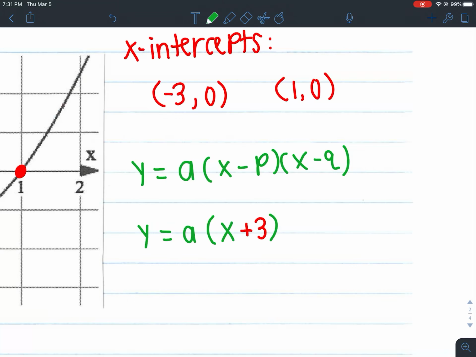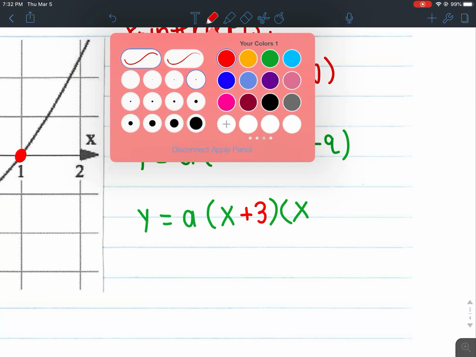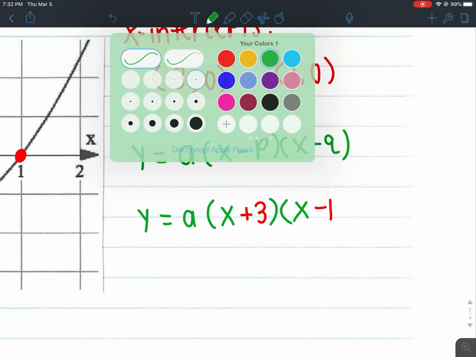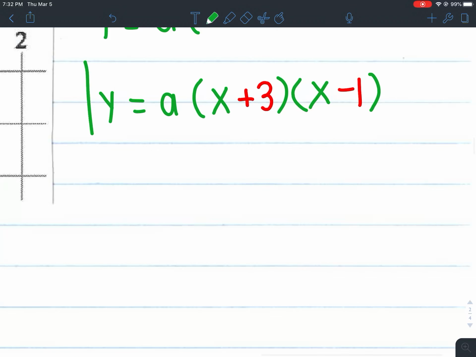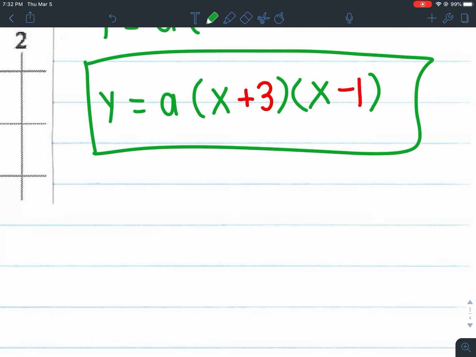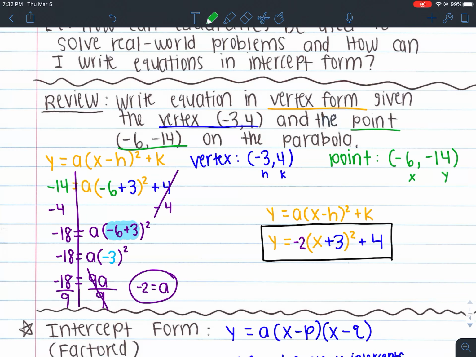Now, could I have plugged it in for q? Sure, but I decided to do the negative 3 first. And then I have x minus q. My other x-intercept is 1, but when I plug it in, it's going to be negative 1. So far this is what I have. Is this my answer? No, because just like in that first problem, I'm missing my A value.